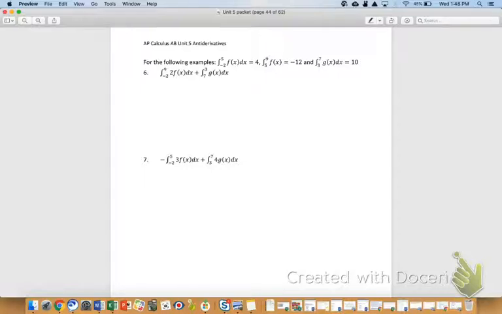But why don't you take a couple of minutes, and by that I mean a couple of minutes, and see if you can do 6 and 7. I did give you the answers, so there shouldn't be a big mystery as to whether you got it right or wrong. Please try 6 and 7. Let's make this as quick a process as possible, so we can get on to what we need to do today.